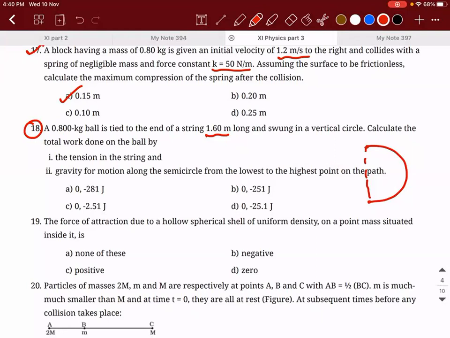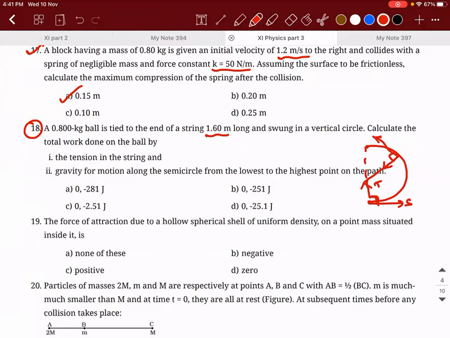Sorry, I made a mistake. Tension will act like this, displacement will be in this direction. Tension and displacement are always perpendicular to each other. You take any point, the displacement will be perpendicular to that. Okay, because tension is acting radially and the displacement is acting tangentially.